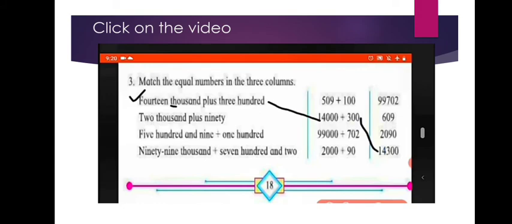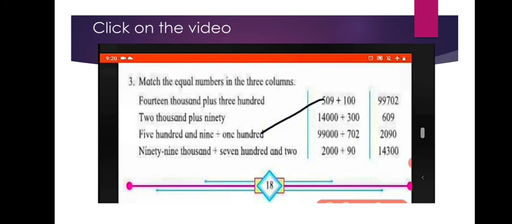Okay, children. Now the second sum is 2,000 plus 90. What is 2,000 plus 90? Search for 2,000 plus 90. Yes. And in the third column, 2,090. 500 plus 100.